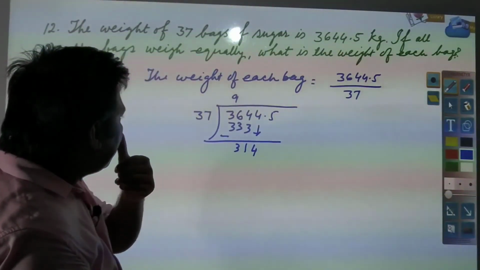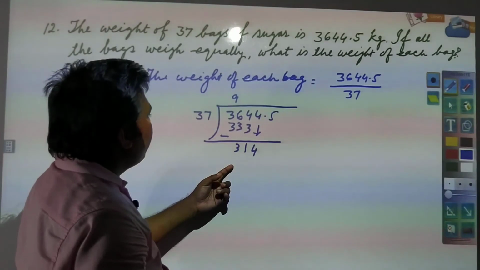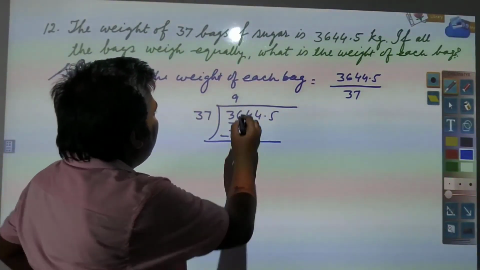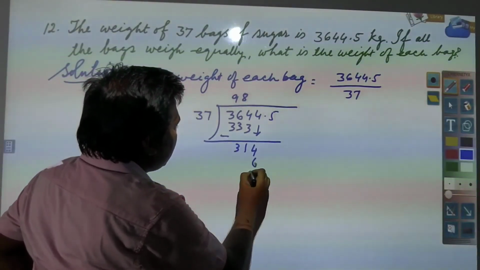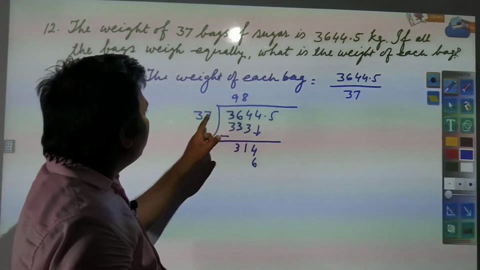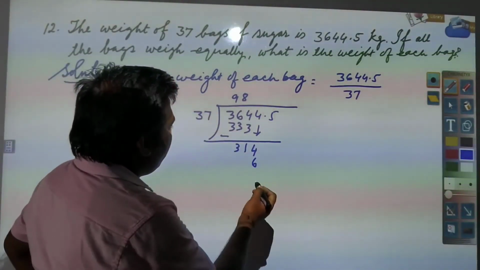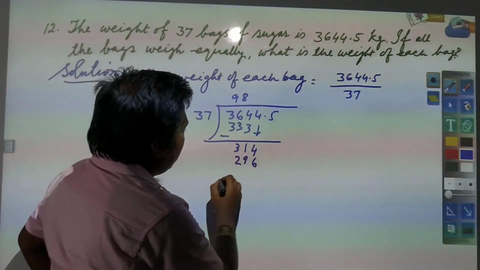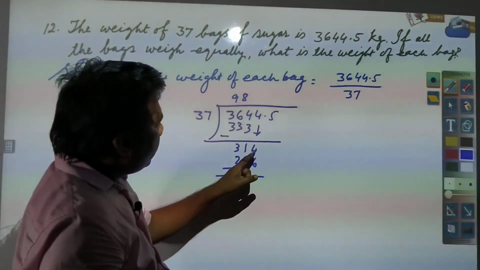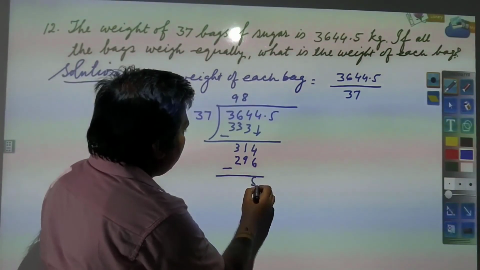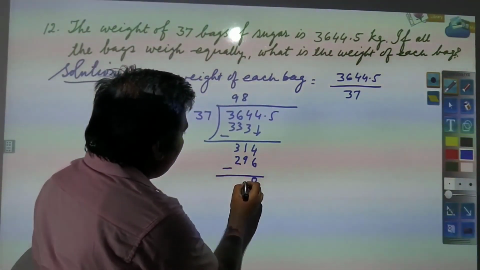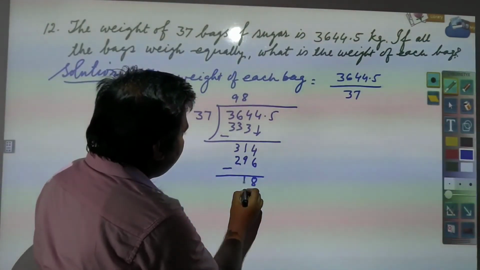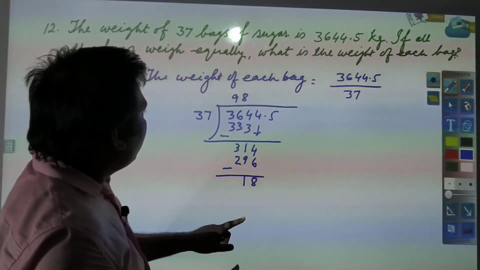So now how many times it will go? 8 times you try. 8 7 ja 56, 5 you have, 8 3 ja 24, and 5 29. It is needed to be subtracted. 14 minus 6 is equal to 8, and 10 minus 9 is equal to 1. Now 18 you have got.